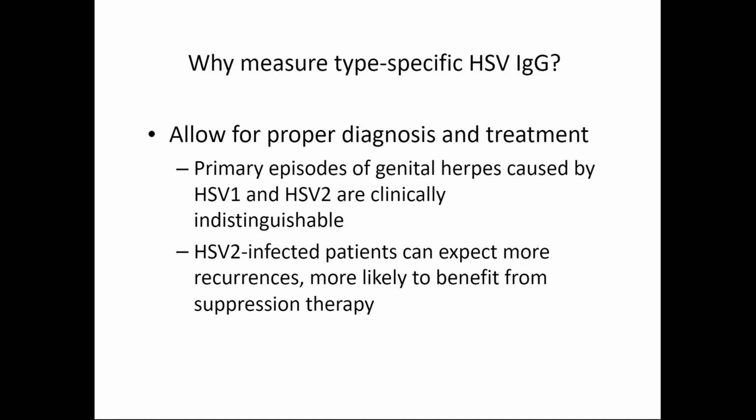So just to summarize, why do we want to measure type-specific IgG? Well, as we mentioned in that slide before, looking at the different treatment protocols, HSV-2 infected patients can expect more recurrences than an HSV-1 infected patient, so they are more likely to benefit from suppression therapy.